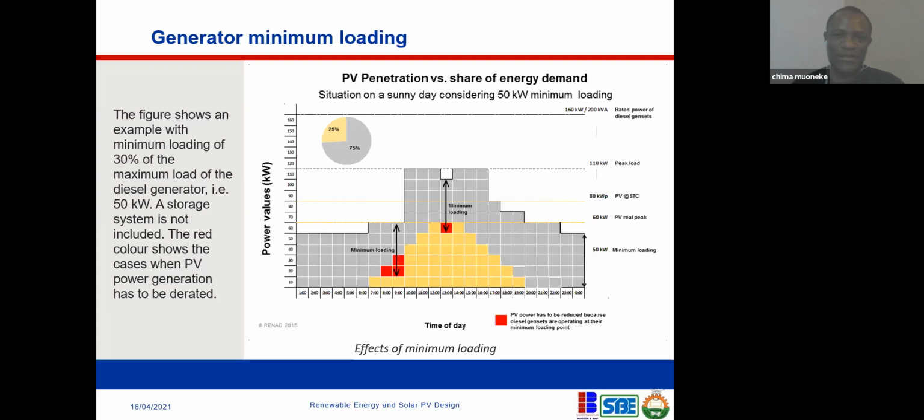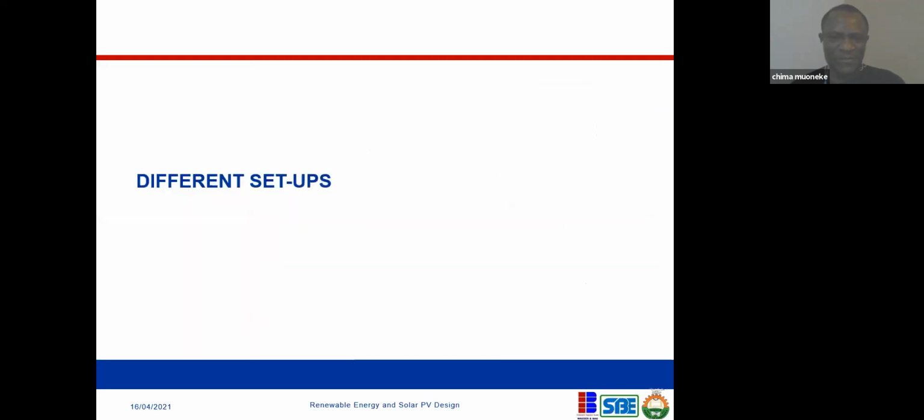So that's how you derate your solar system when you're combining it with the generator, and you have to fulfill certain minimum operating conditions of the generator. Otherwise, you run a lot of inefficiencies in your system, and the generator might even break down sooner than you think. So now let us look at different setups between generator and solar system.